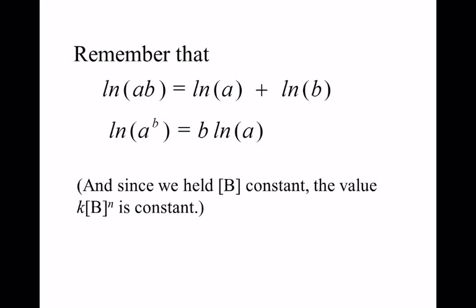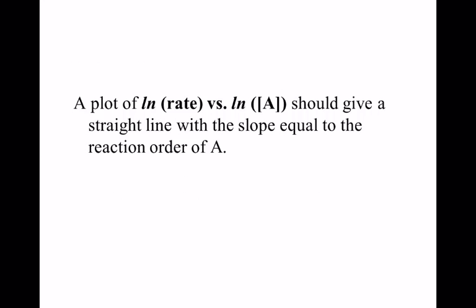Okay, and the reason we went this route is because we held B constant. We just kind of threw it over there, kind of like the constant of integration or whatever that thing is, the y-intercept. So yeah, I'm going to show you an example, but if you're a visual person, this is what it looks like. This is the natural log of the rate, and this is the natural log of the molar concentration of A. Why?